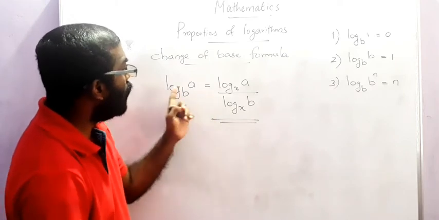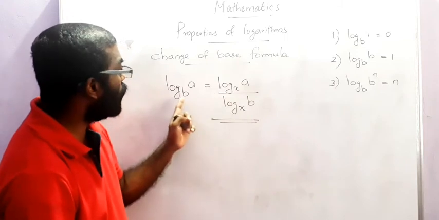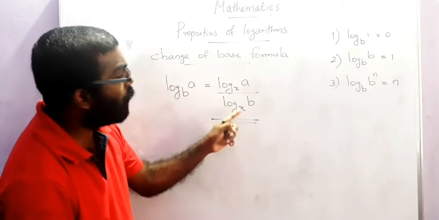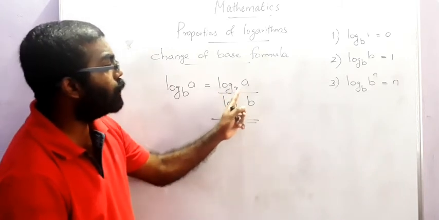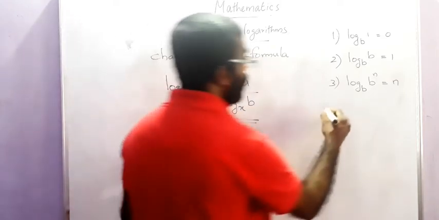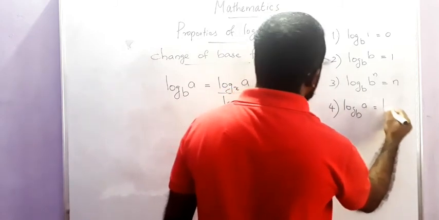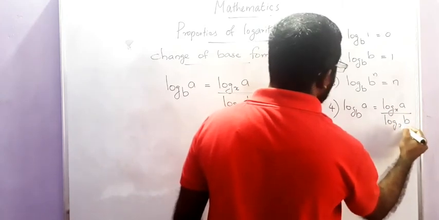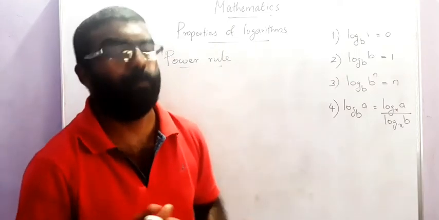Here I write the logarithm of the argument a in the numerator and the logarithm of the base b in the denominator, with a common new base x. Is that clear?